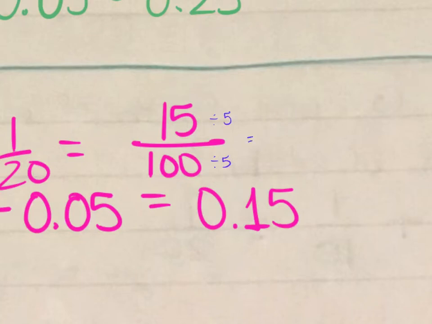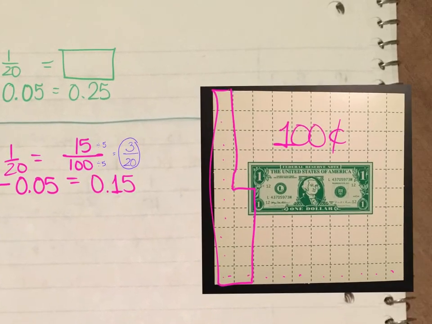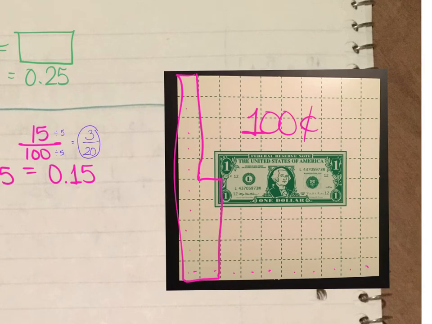So 15 divided by 5 is 3. And 100 divided by 5 is 20. So our answer could also be 3/20.